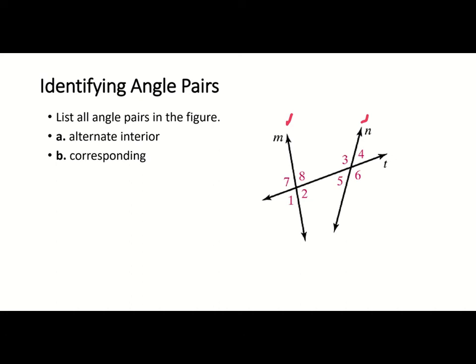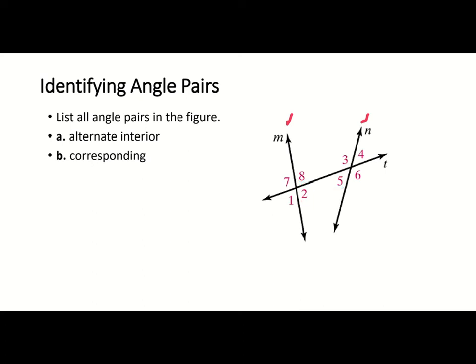An angle that's on the inside is angle 8, and it is alternate interior to angle 5. So angle 8 and angle 5 are one alternate interior pair. And then we also have angle 3 here, and it is alternate interior to angle 2. So that's the other pair of alternate interior angles. Those are the only two pairs.